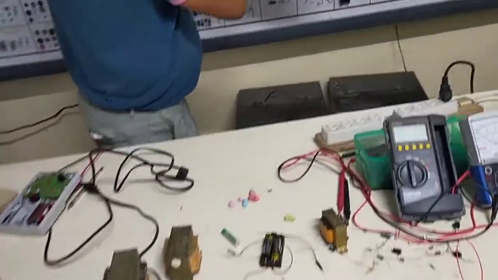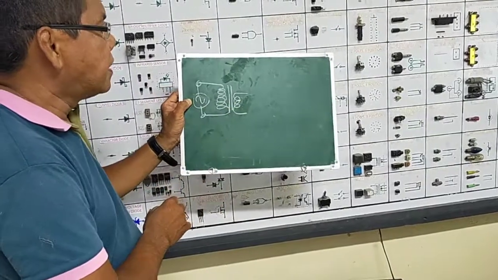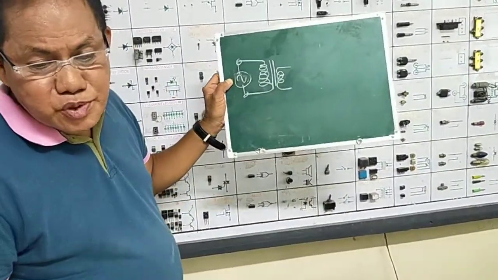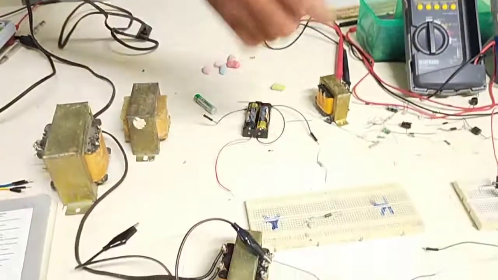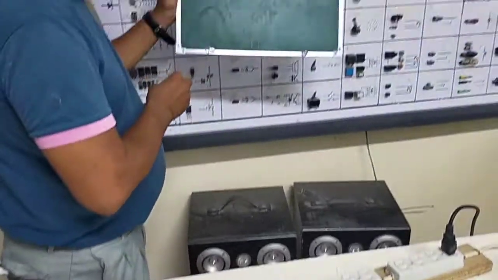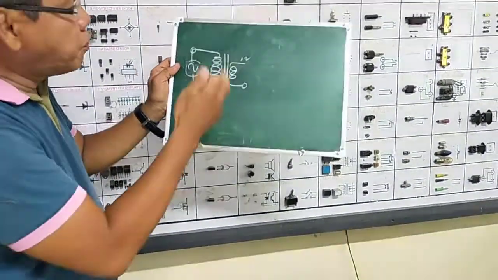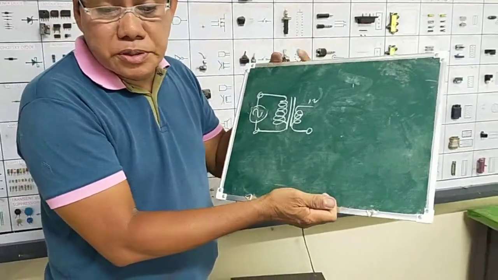Then, the transformer has two windings, the primary and the secondary. It is actually a step down transformer because 220 is lowered down to 12 volts. So we have here 0, 12 volts. The purpose of this transformer is to lower down the voltage.